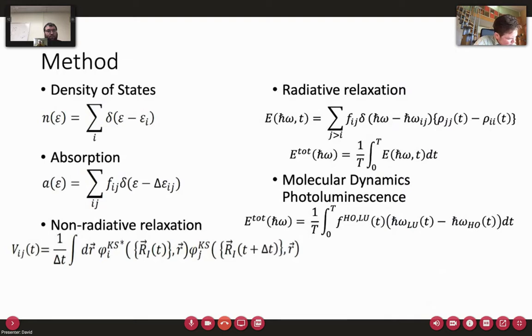So those are the charge densities, and they're related to non-radiative.